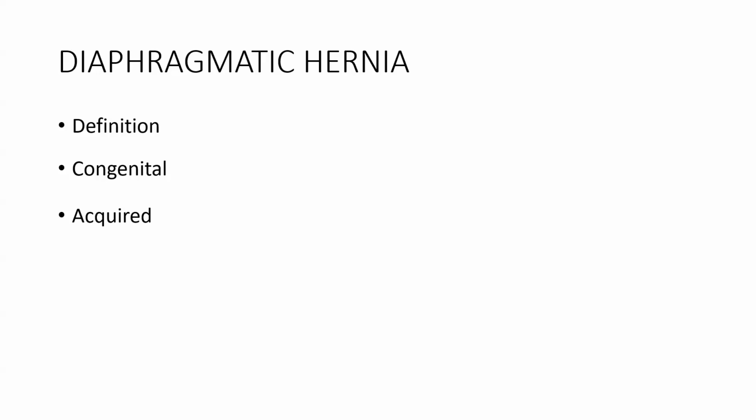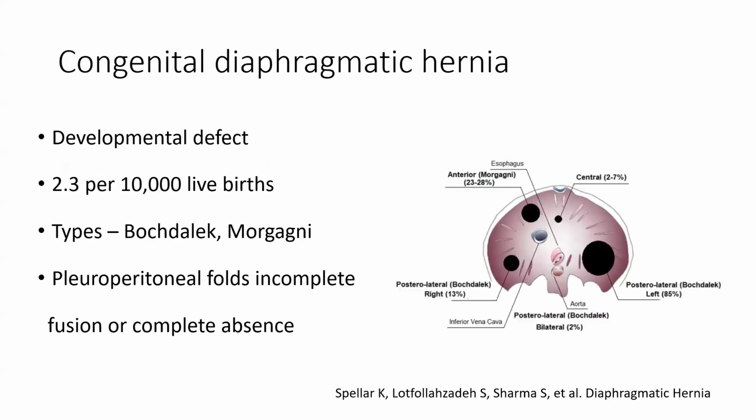This condition may be congenital, resulting from developmental abnormalities, or acquired due to trauma or surgical complications. Congenital diaphragmatic hernia is a developmental defect of the diaphragm that results in abdominal viscera herniating into the chest cavity, occurring at a rate of 2.3 per 10,000 live births.